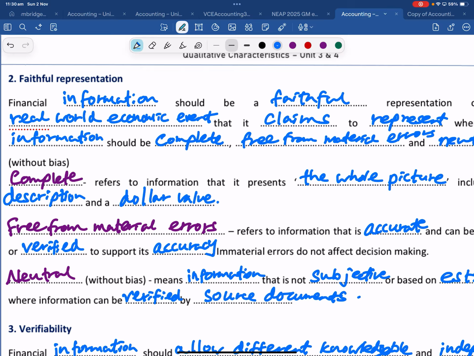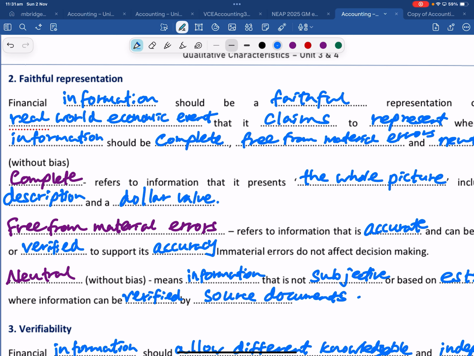So basically, the financial information that is reported should reflect the real world economic events, where such information is complete, free from material errors and neutral.